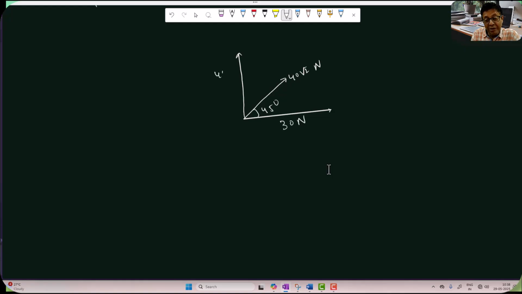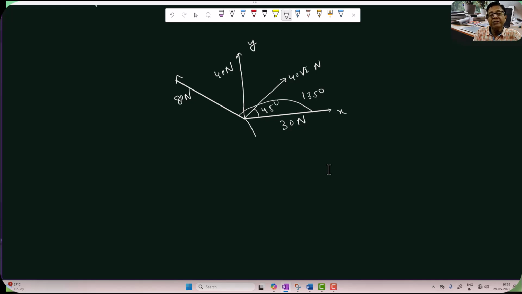Take another one along x-axis also, 30 Newton. This is 40 Newton. The second vector is 80 Newton, making an angle 135 degree.